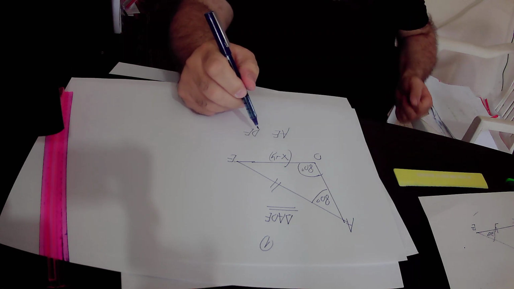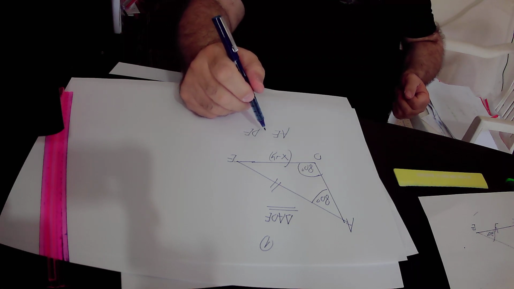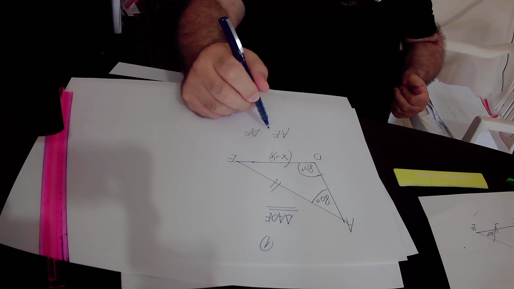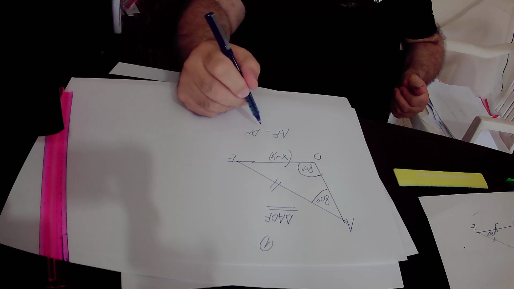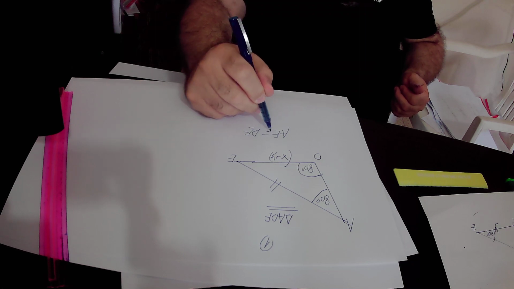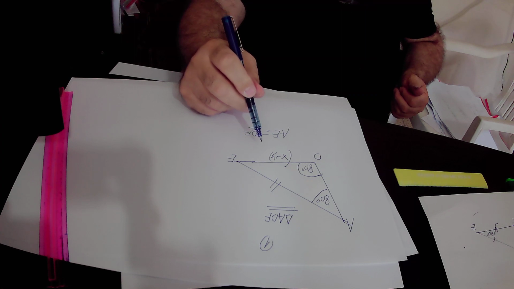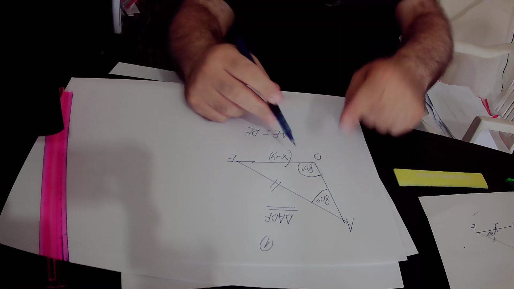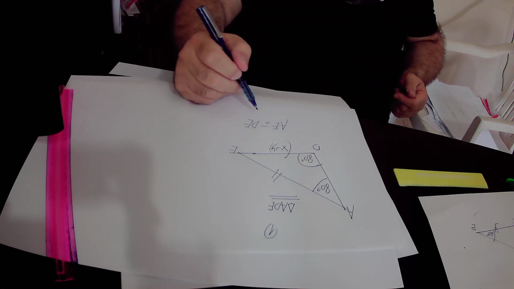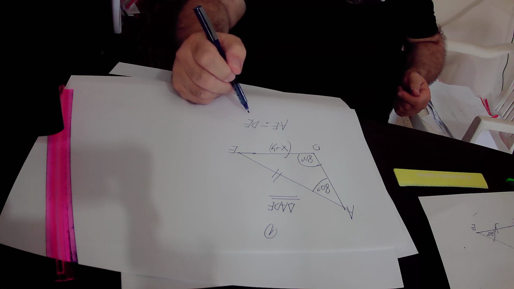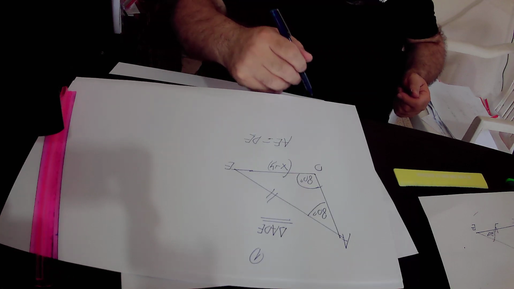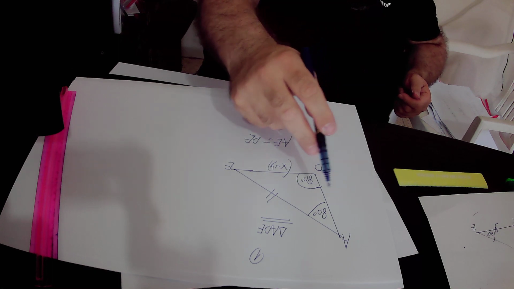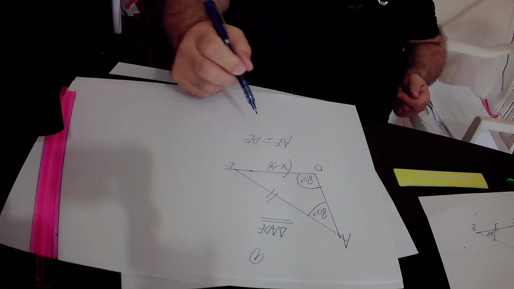According to the rule that I mentioned a couple seconds ago, AE must be equal to DE because those two sides are located in front of those two equal angles. So side AE must be equal to side DE.